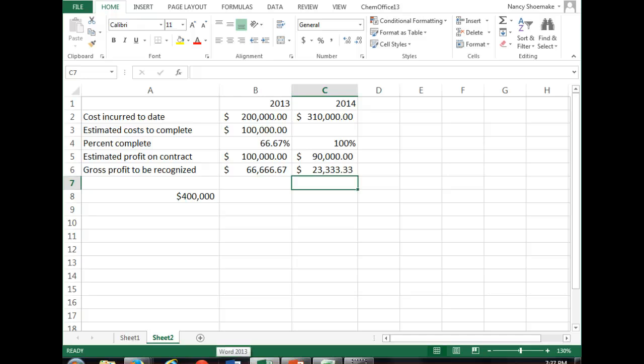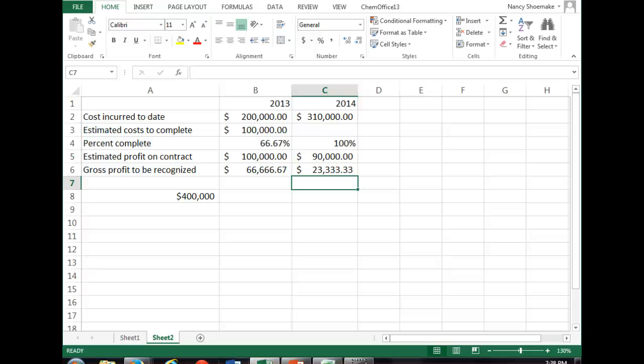Guys, one thing I want to point out, there was a question asked about why do we add part of the profit in inventory. If you look on page 1711, under accounting procedures for the percentage of completion method, it tells you in accounting for long-term contracts under the percent of completion method, a company uses an inventory count called construction in process to record all costs incurred in the project.